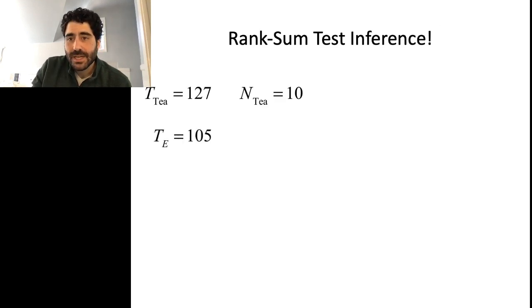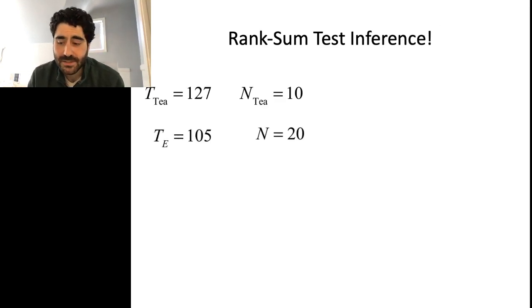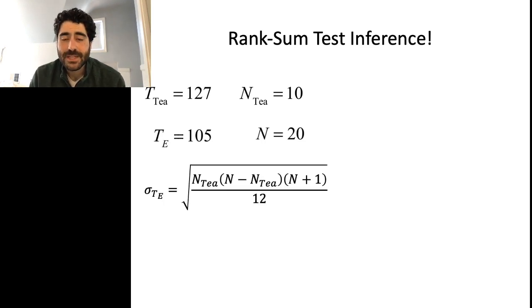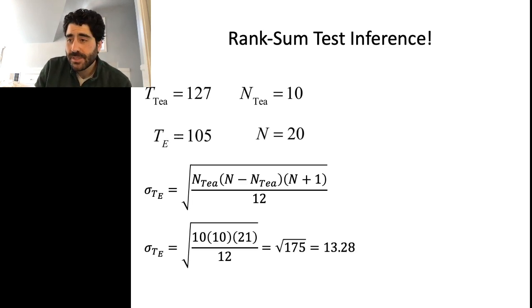So we need to compute one more thing, which is the standard error of the expected total. And so again, all we need to know here is the sizes of the groups to plug into this formula. There's 10 people in one group, 10 in the other, 20 people total plus 1. So we end up with 13.28 as the standard error here.